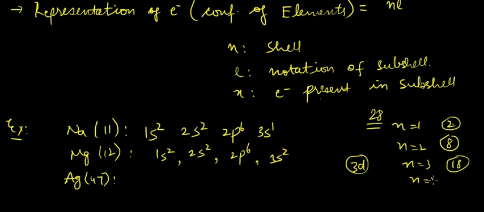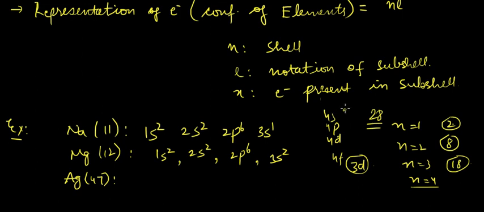Now let us take n equals 4. For n equals 4, till 18, the 4s, 4p and 4d are filled. Up to the level of 4d we would have 4s, 4p, 4d and 4f.